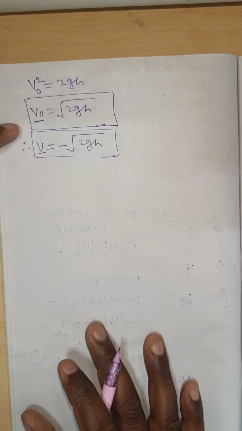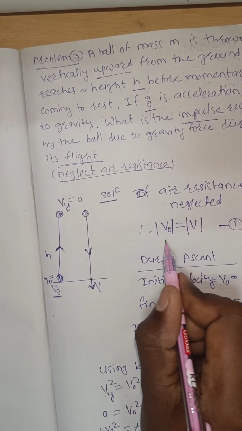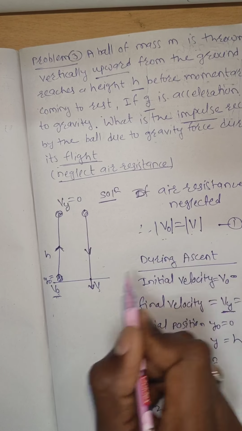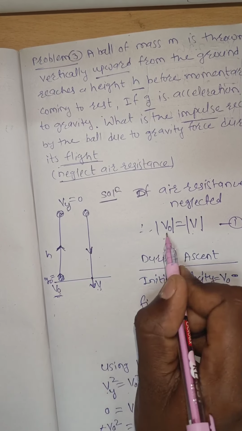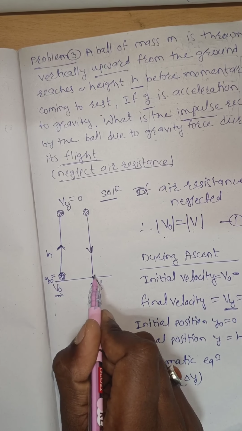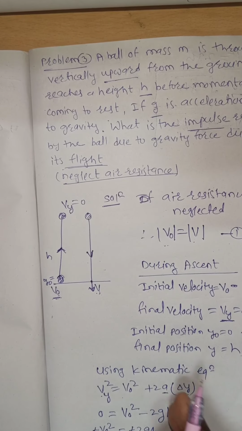Does everyone understand this? The initial velocity is under root 2gh, therefore if the air resistance is 0, the magnitude of the initial velocity is equal to the magnitude of the final velocity. But the initial velocity goes in an upward direction, therefore it is positive, and the final velocity goes in a downward direction, therefore it is negative.